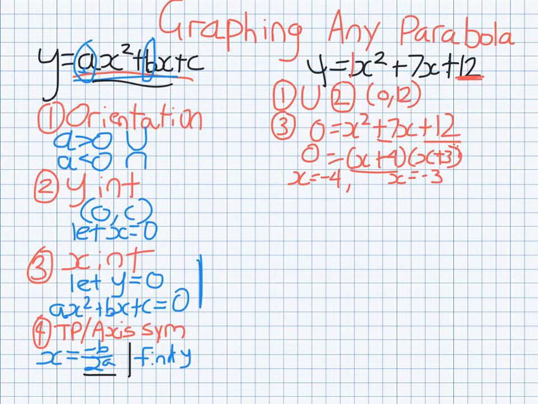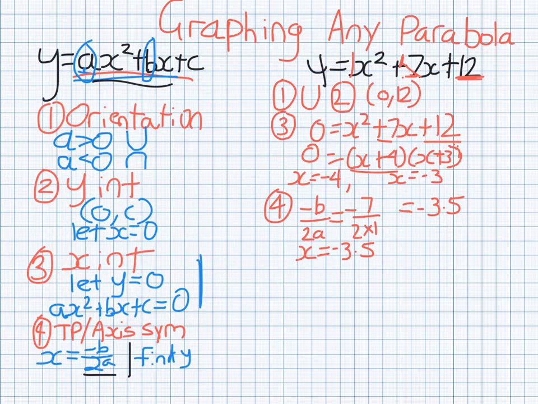So the last thing we are going to do is find the turning point and axis of symmetry. So here, b is 7, a is 1. So minus b over 2a, which is minus 3.5. So that means that the axis of symmetry is x equals minus 3.5. It also means that that's the x-coordinate of the turning point.